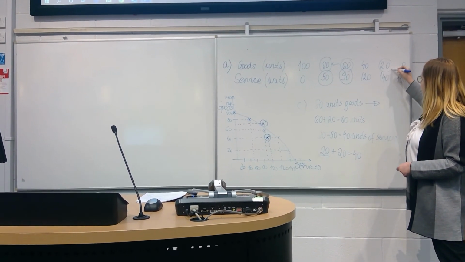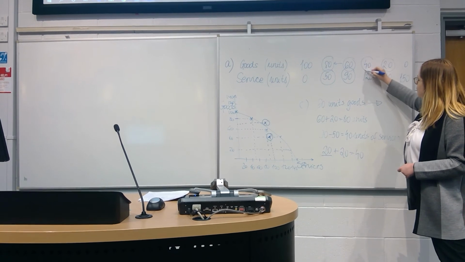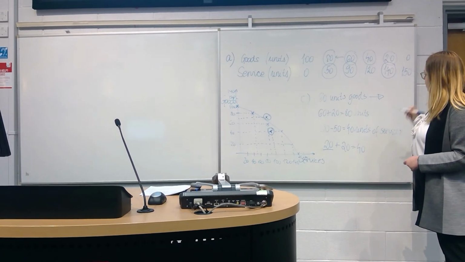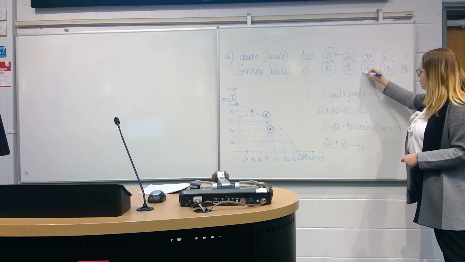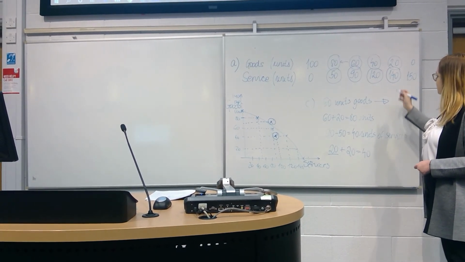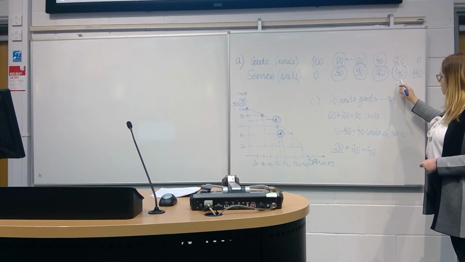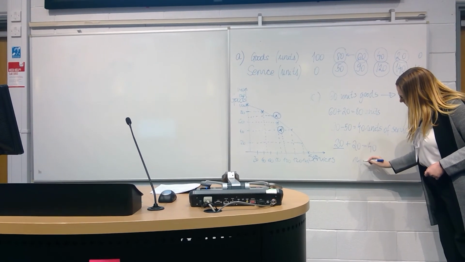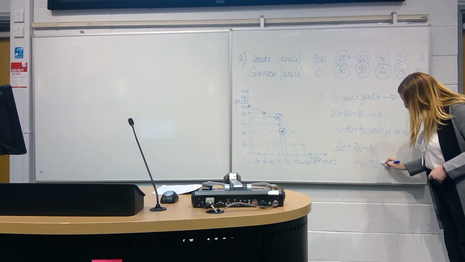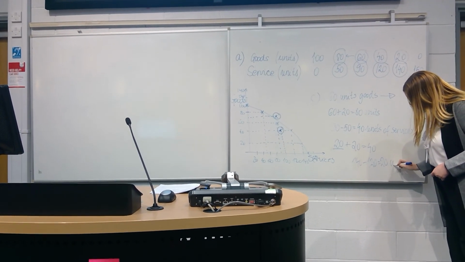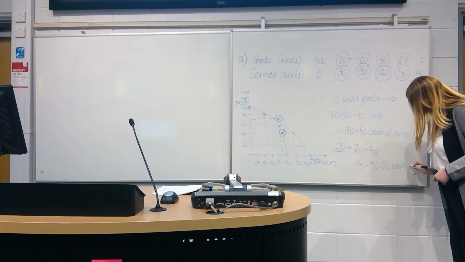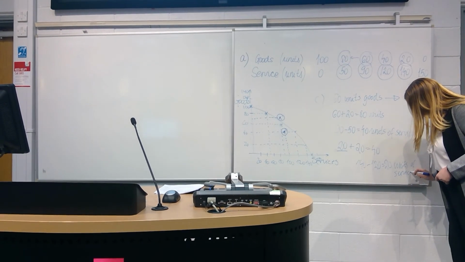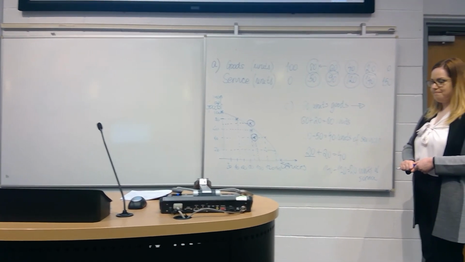Initially, it could produce 140 units of services, now it can produce 120 units of services. So the opportunity cost is the difference between 140 and 120, which is 20 units of services that the country has to give up to produce an additional 20 units of goods.